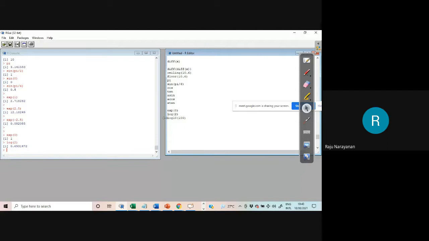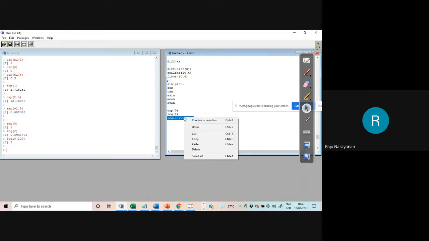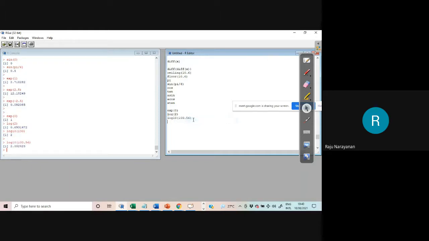You should get 2, otherwise it is wrong. Log10 of 100.56, you should get 2 point something, 2.002, etc. Log10 of 0.56, you should get a negative number.